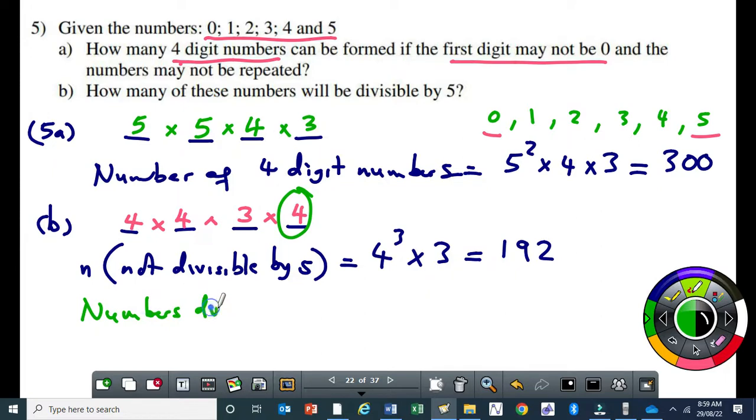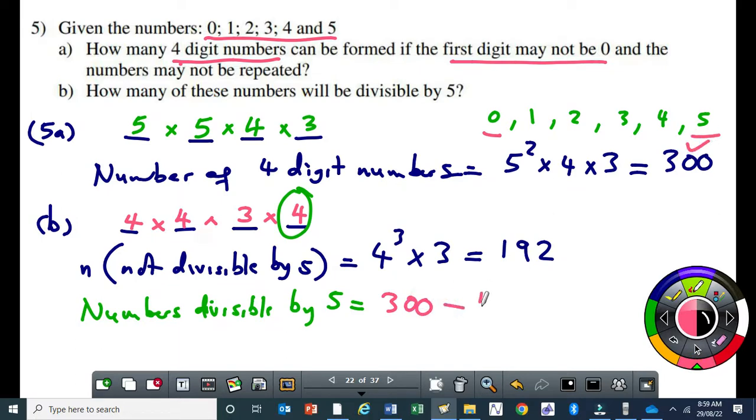The total is going to be 300. Numbers divisible by 5 will be 300 minus 192, then you get 118.